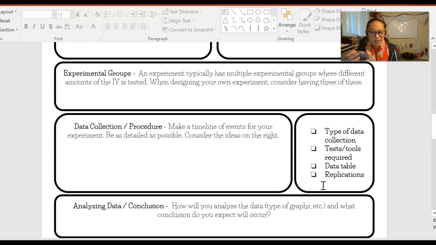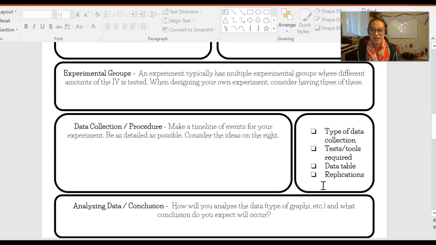Once we collect our data, we'll be able to compare indoor versus outdoor. And then what do we do with that? Are we going to present our information in a graph? How are we going to draw conclusions? Do we have enough data? That sort of deal. All of these things are really important to think about when you design this.